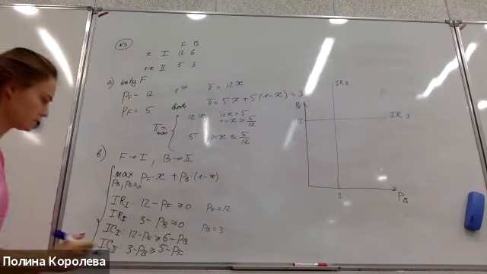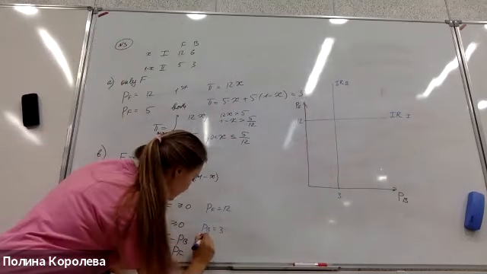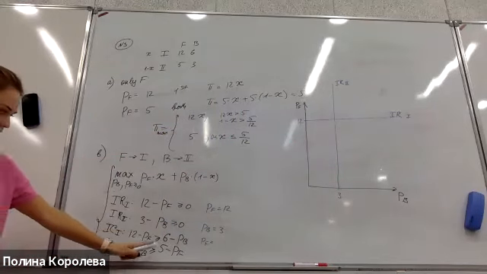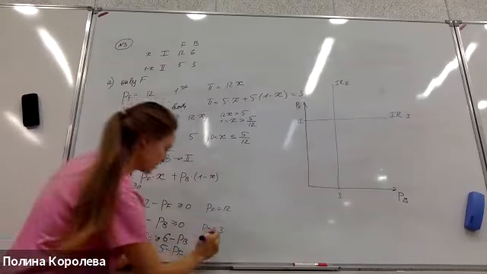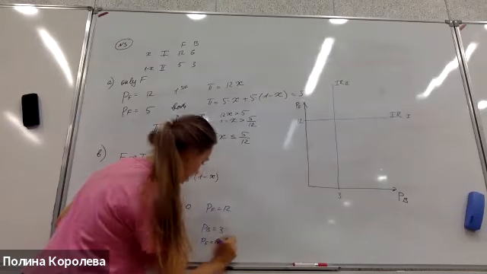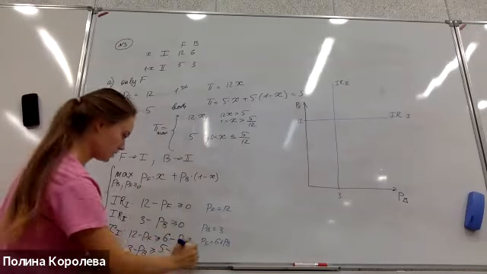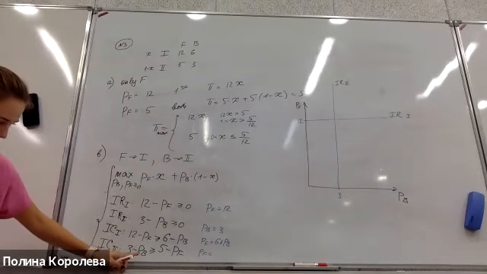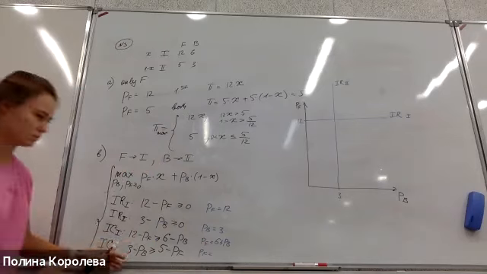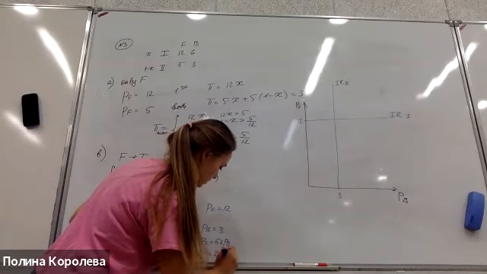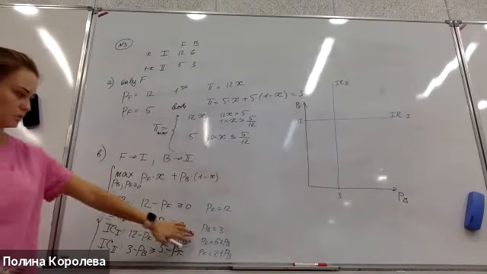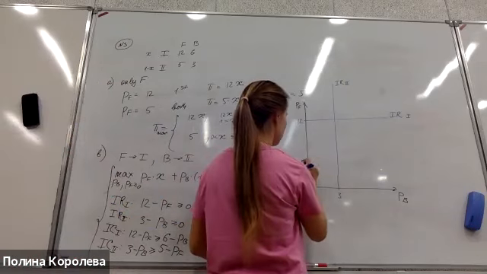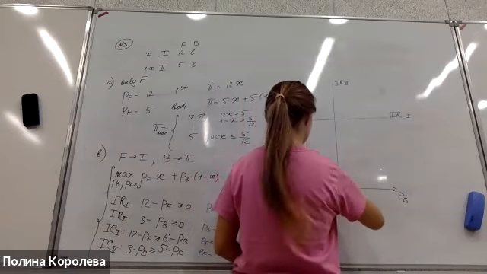Then here we write price of fancy equals 6 plus price of basic. And incentive compatibility for the second: price of fancy equals price of basic plus 2. So these two lines will be parallel, but they start from 2 and from 6, and the slope is 1.